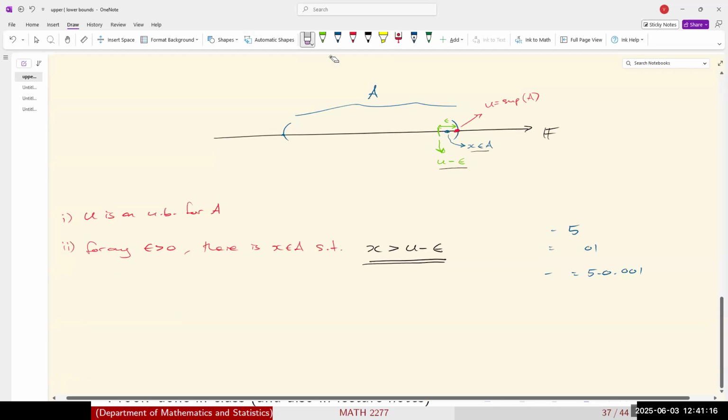let's see from the same picture if we could figure out the characterization of infimum. Okay, so this is the characterization of supremum. What about the characterization of infimum?